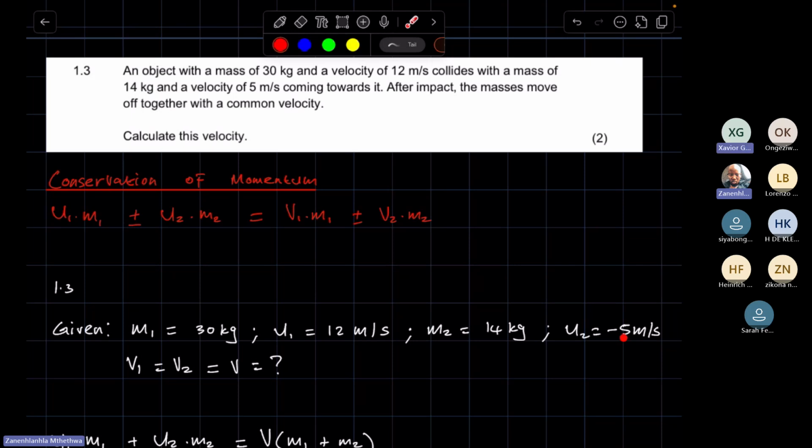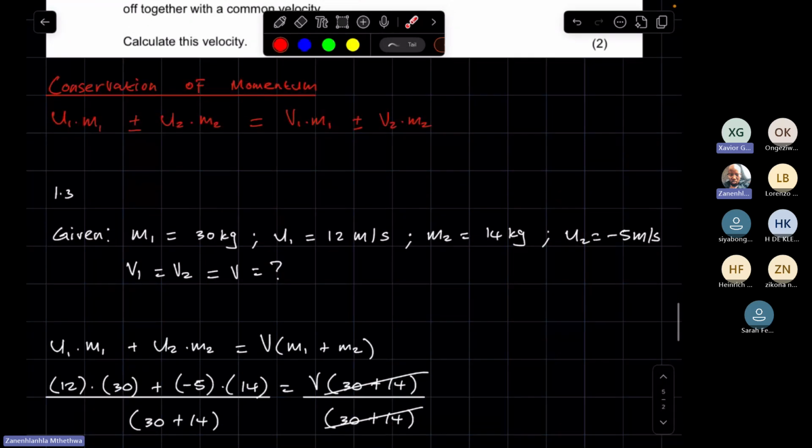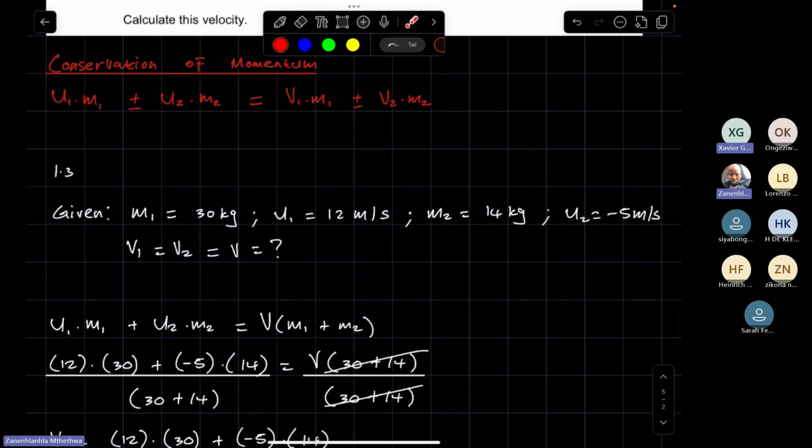Okay, I understand. But in the equation, you only take the velocity as minus. You do not take the mass as minus as well. No, okay, I hear you now. So mass is a scalar quantity. It doesn't have direction.